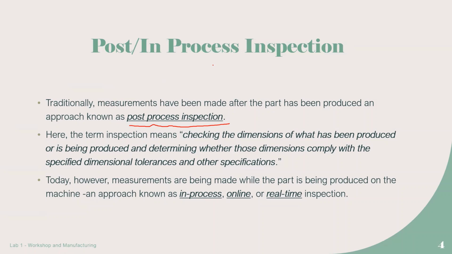But today, measurements are being made while the part is being produced on the machine, and this approach is known as in-process, online, or real-time inspection. By the way, why do we do inspection? It is to be sure that our dimensions are correct. Okay.